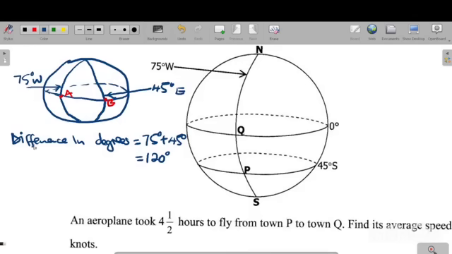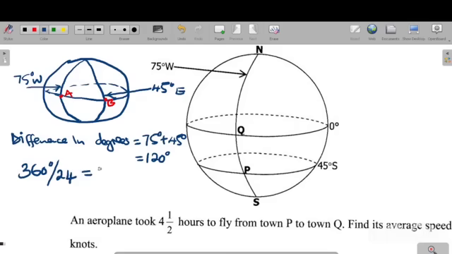So with this information, you need to understand that the Earth rotates on its axis to form day and night, and the complete rotation is 360 degrees. And because there are 24 hours in a day, we are going to divide this 360 by 24 so that we know how many degrees equal to 1 hour.